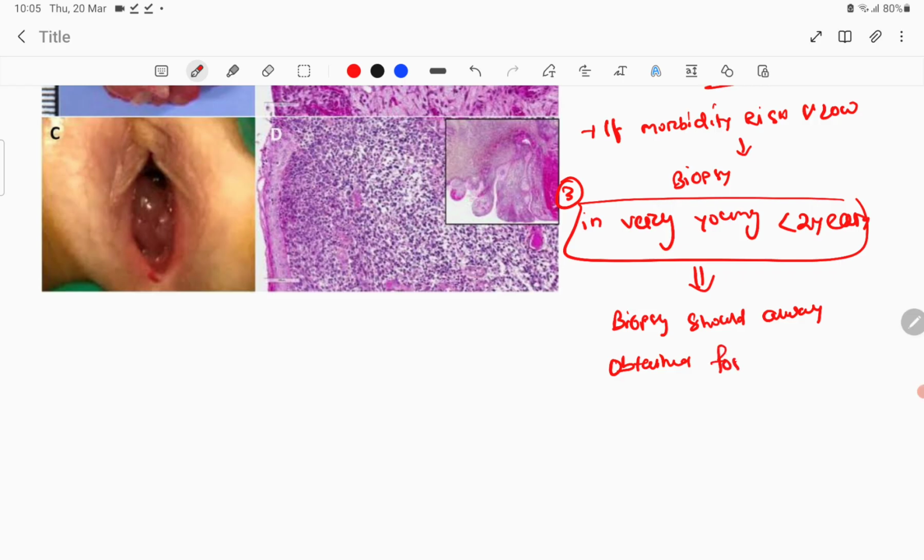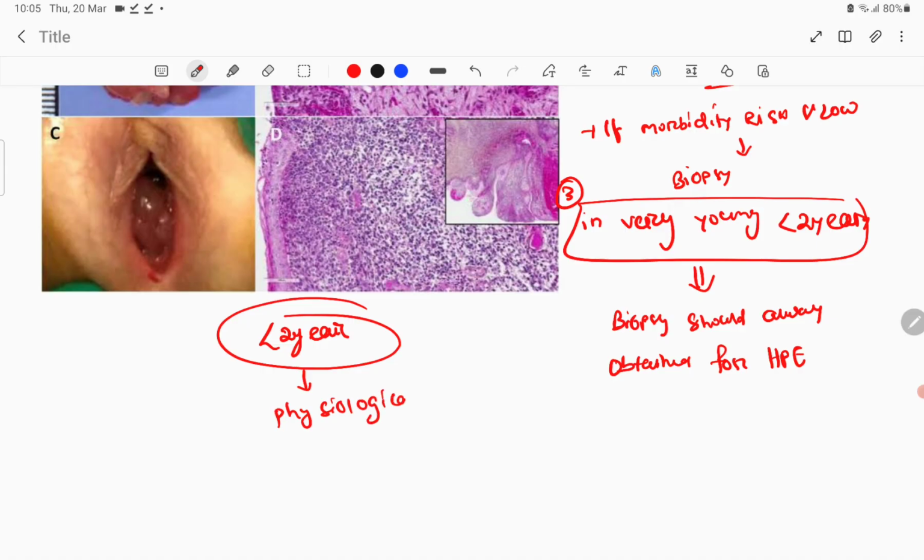The third point: always obtain histopathological examination for confirmation of the diagnosis of yolk sac tumor, because in the pediatric age group less than 2 years, there will be a physiological high AFP level. So if you check the alpha fetoprotein level, it is already raised.